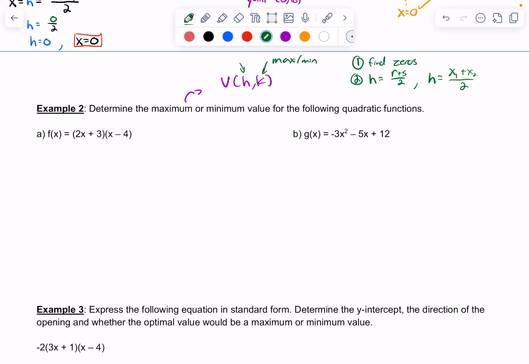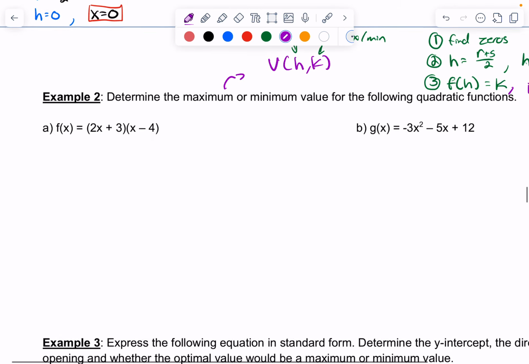And then after that, you're going to evaluate your function at that h value, because that is going to give you your k value. Now you need to determine if it is a max or a min. In order to determine if this k represents a max or a min, you have to look at a, whether or not it is positive. So is a positive or negative? That will determine whether it is a maximum or minimum.